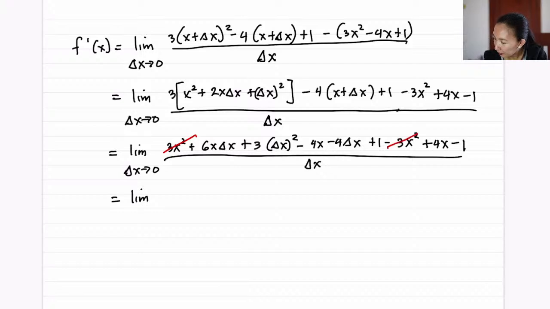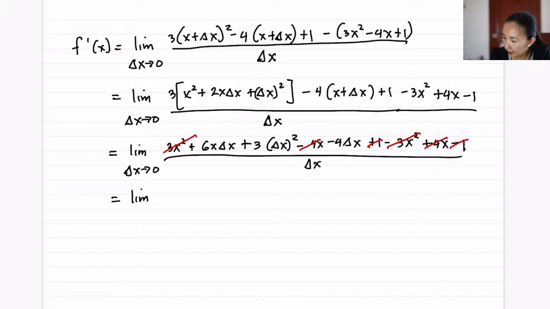Saan pa? This one with this, positive 1 with negative 1. So what do we have? What is left? Okay, we have to be very careful in identifying what's left here. Ito, di ba? 6x delta x at saka ito. Ano pa? Ito. Okay?